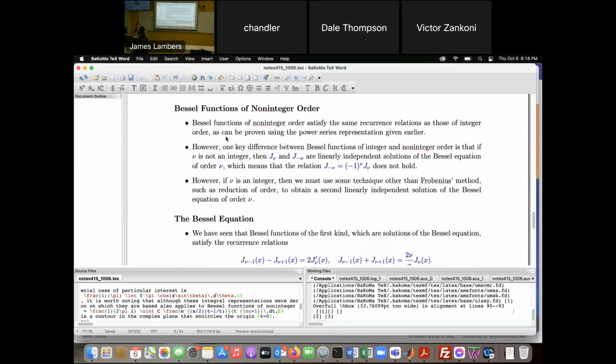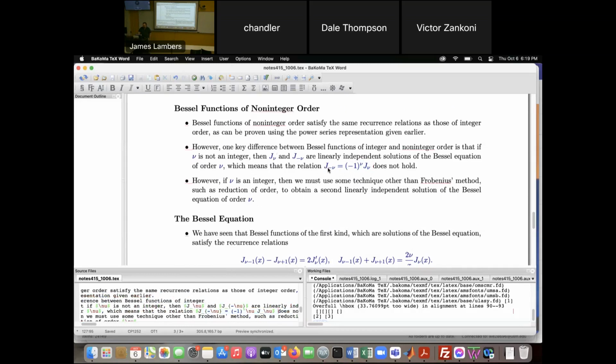All right, now, one key difference between Bessel functions of non-integer order versus integer order: we just saw that the same integral representation is available no matter what, but this relationship, when you negate the order, in the case where nu is an integer, that's the same as multiplying by -1 to that order.